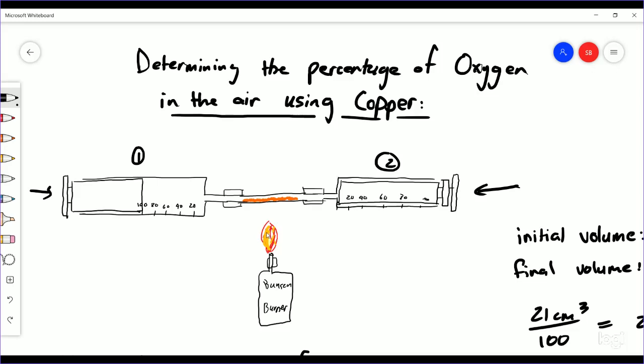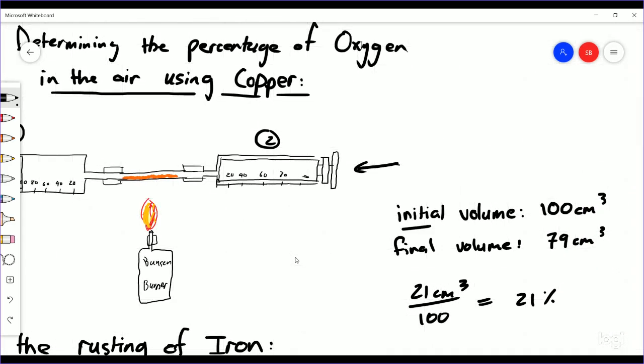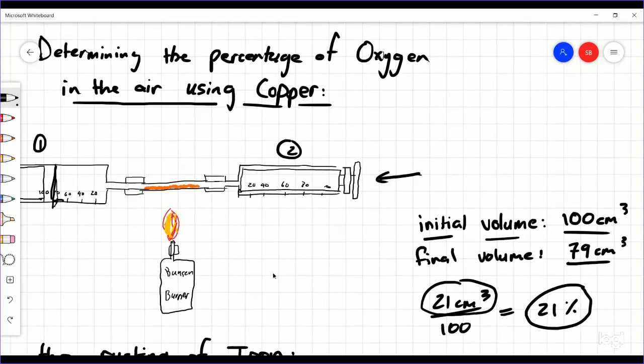The initial volume is 100 centimeters cubed, as we measured. By the time the experiment has been completed, the final volume inside here will be roughly 79 centimeters cubed. If you subtract these two from each other, you get 21 centimeters cubed, out of a total of 100. So this gives us the percentage of oxygen that has reacted with the copper.